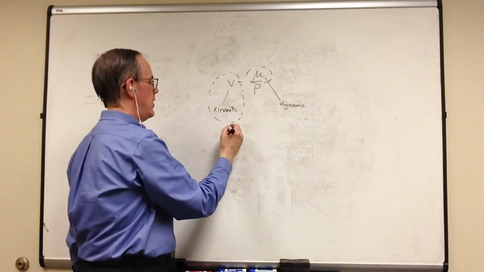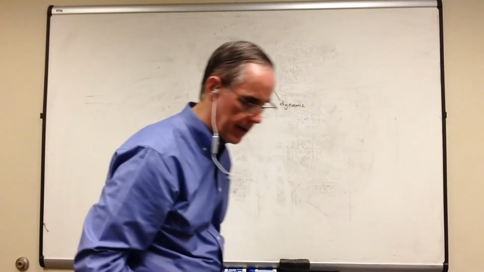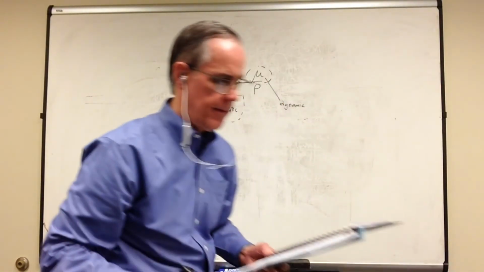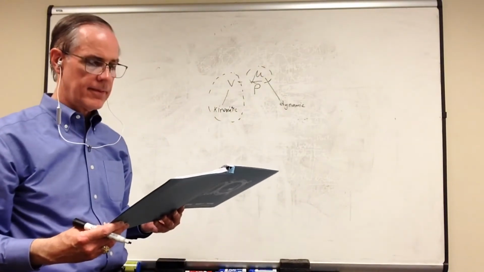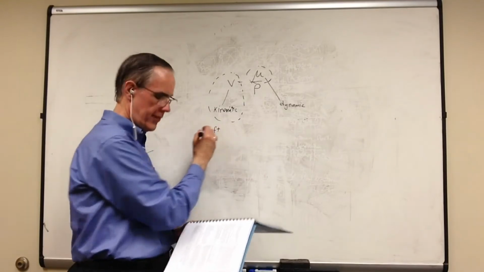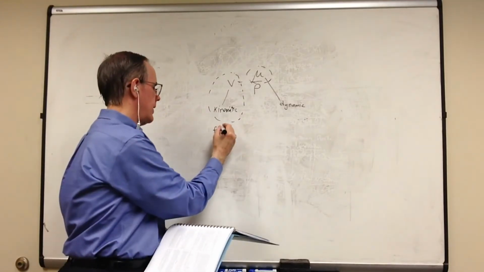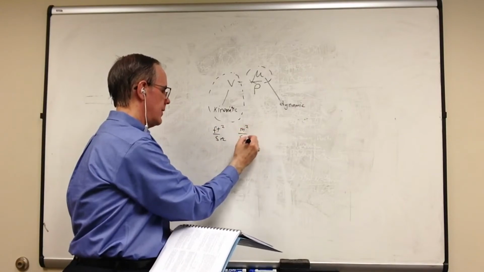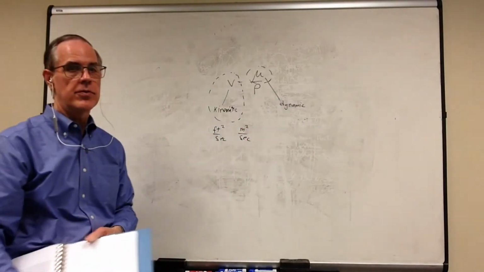The units of nu are either feet squared per second or meters squared per second, and these are fairly easy to use.